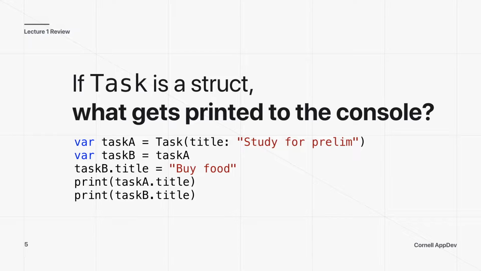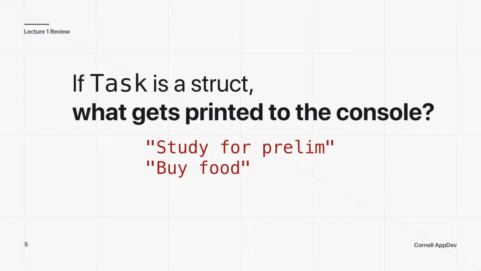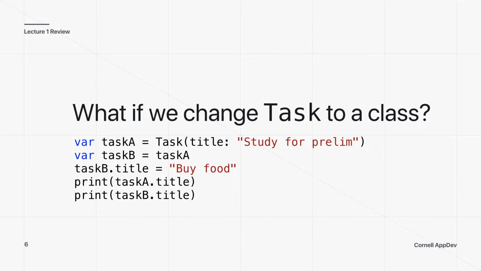Yeah, so the reason why it ends up being different is because, as we talked about, structs are, I think, value type, as opposed to classes are reference type. And so when we have that assignment of var task B equals task A, it's copying over all the values that are in task A and creating a new object for task B. But that would be the case if task were a class.